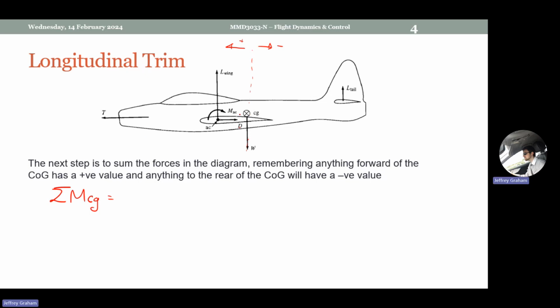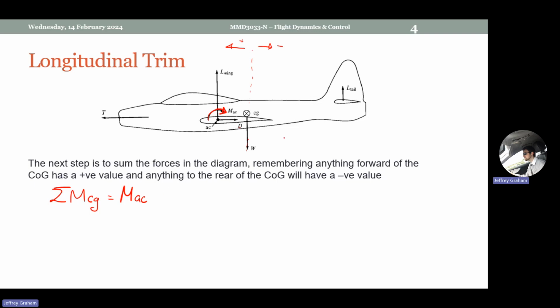This main aerofoil is cambered, so it produces its own naturally occurring moments about the center of that, which is the aerodynamic center. So it's automatically got a moment there. Right.